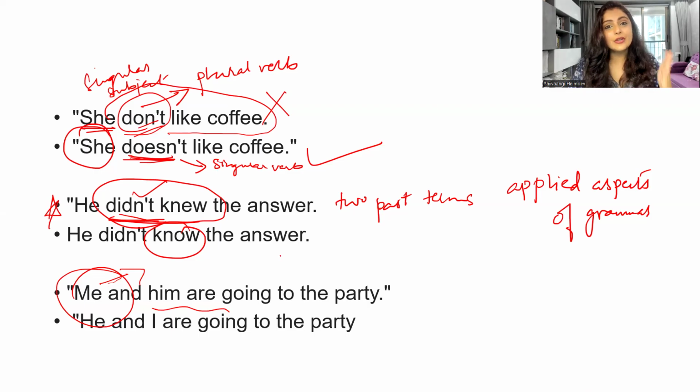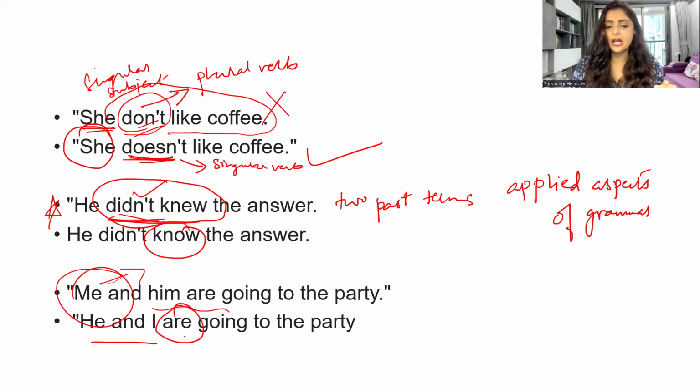Because these are object pronouns, you can never use them as the subject of a sentence. They can only be the object in the sentence. Hence the correct expression is "he and I are going to party." "I" comes later. It's always the second person first and then the first person.